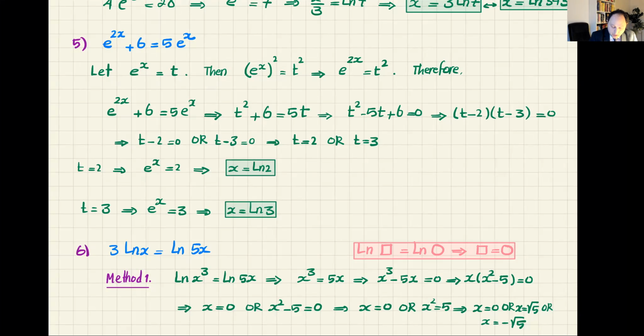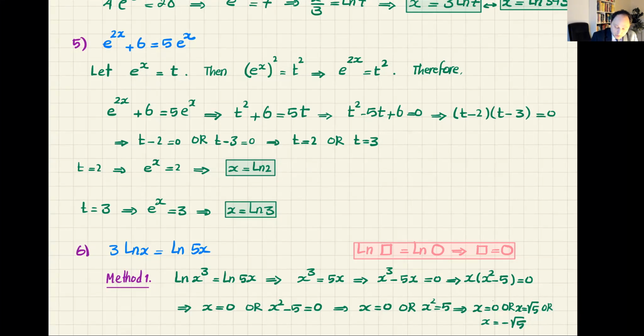If I put x equal to 0 here, this becomes ln of 0, which is not defined. But what about this one? This one is not acceptable either, because in front of ln there should be a positive number, but minus the square root of 5 is negative. So these are not acceptable solutions.